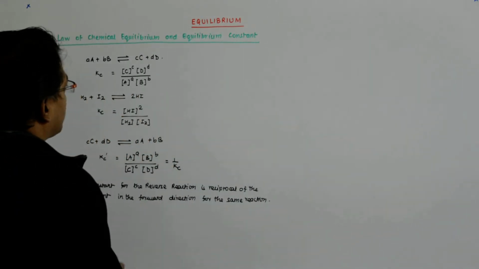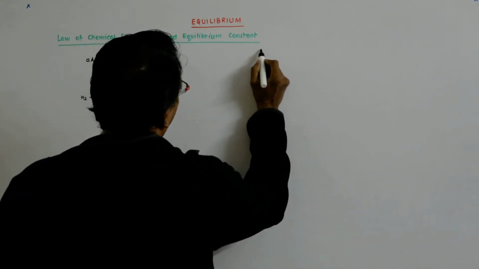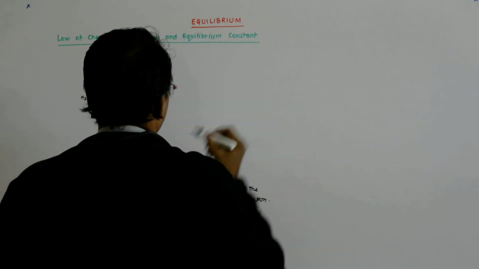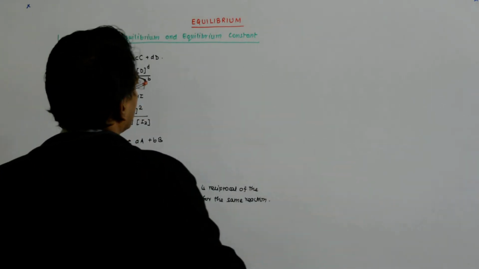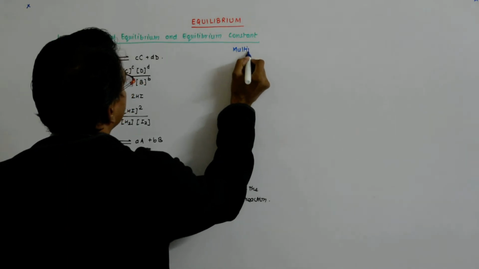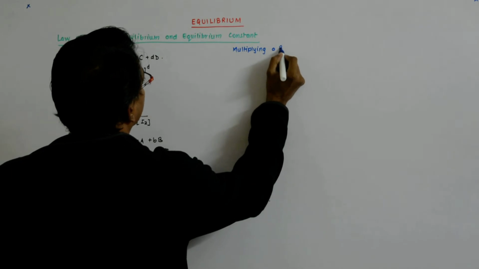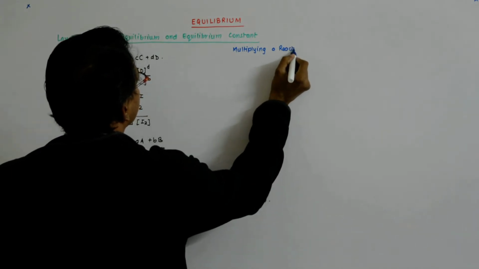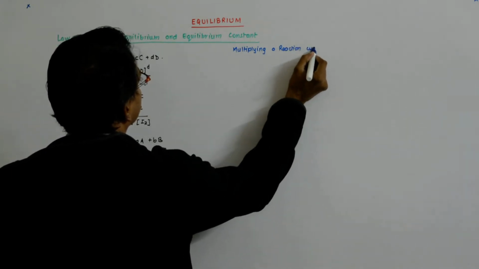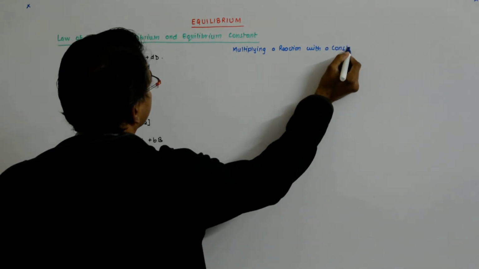So what happens? Let us say I have the same reaction, aA plus bB gives cC plus dD. I'll be dealing with multiplying a reaction with a constant. If we do multiply it, will it give us a different value? Let us see.